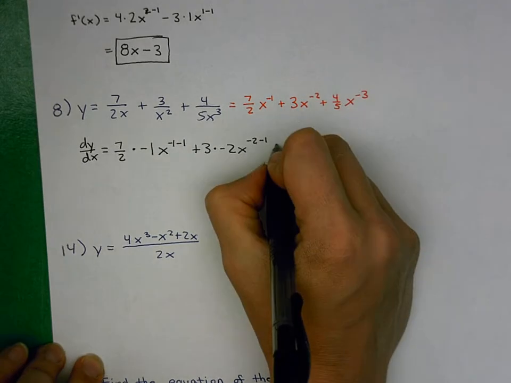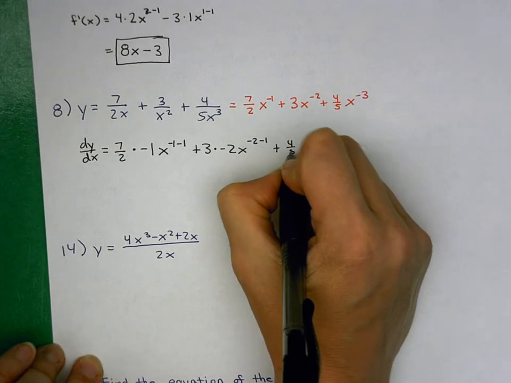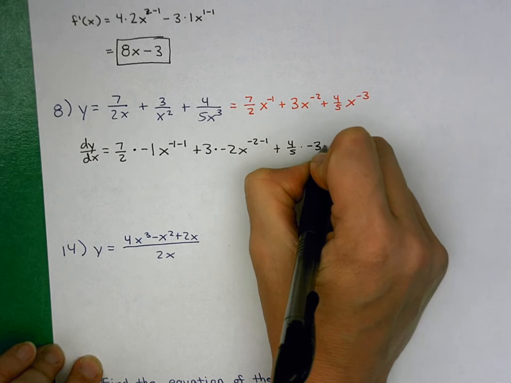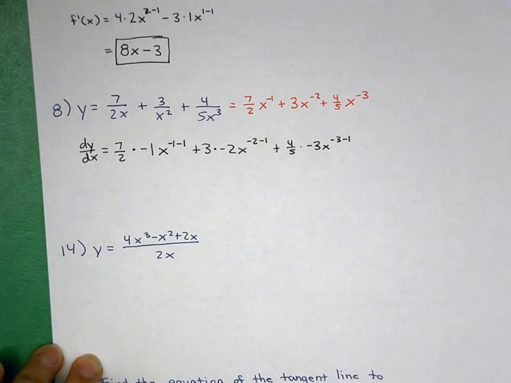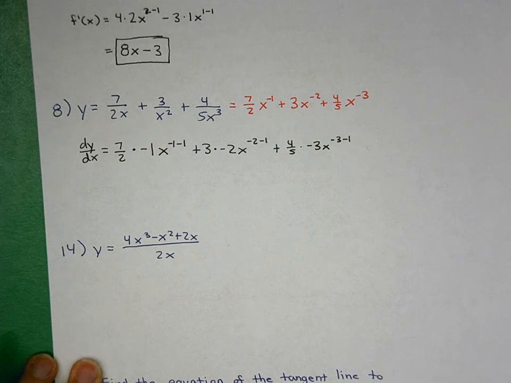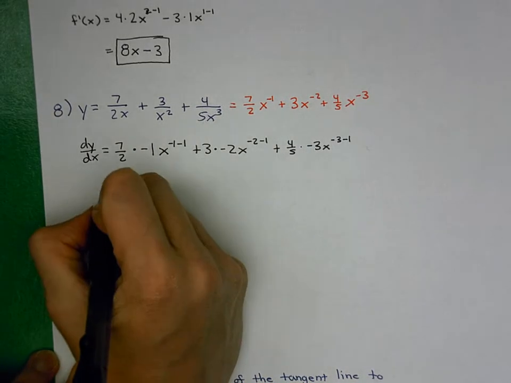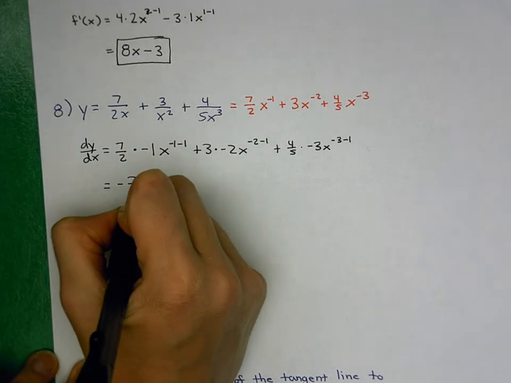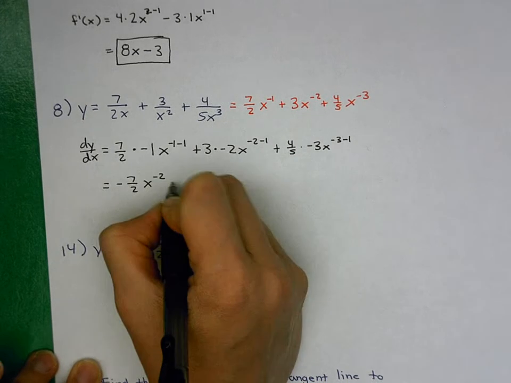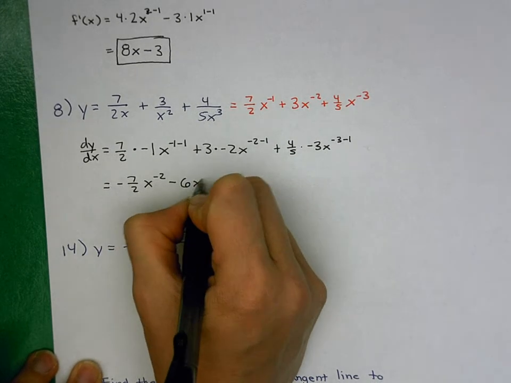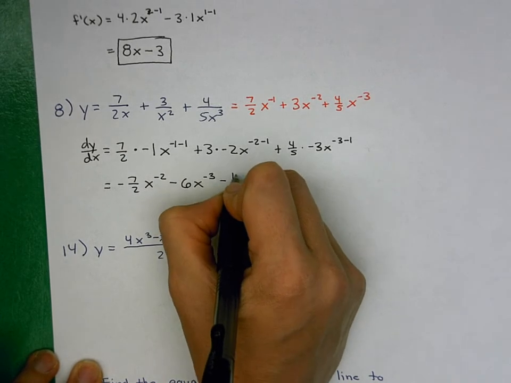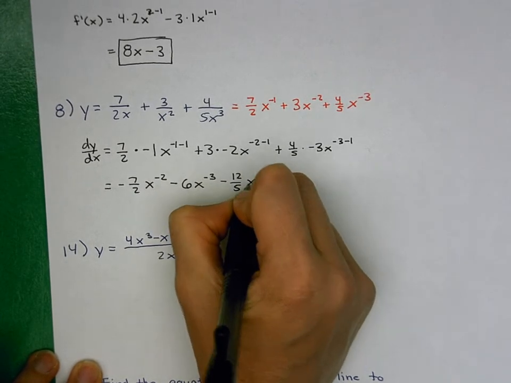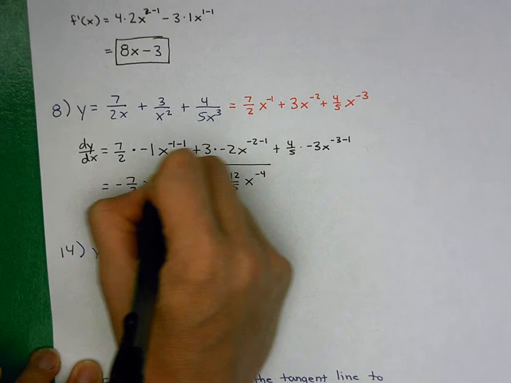And in our last term, our n is negative 3, so that negative 3 is going to come down in front, and our exponent is going to become negative 3 minus 1. Okay, so our derivative then is negative 7 halves x to the negative 2 minus 6 x to the negative 3 minus 12 fifths x to the negative 4.